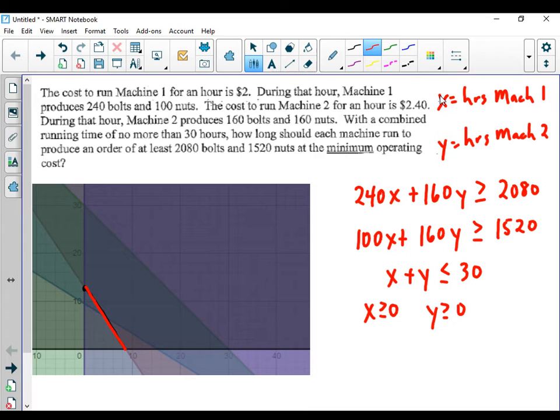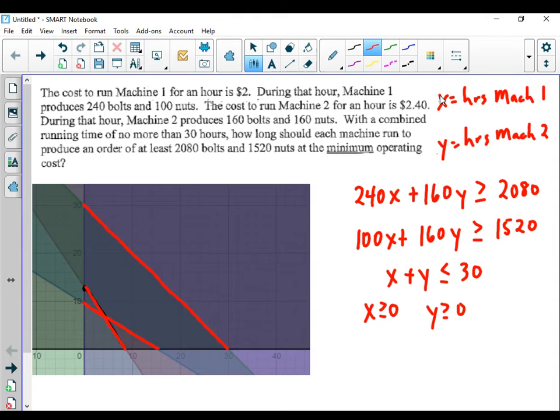We've got the other graph where the y-intercept on this one was at about 9.5, so that was this graph here. We would be shading above that one. We have X plus Y less than or equal to 30, which means the y-intercept was 30, and so is the x-intercept.